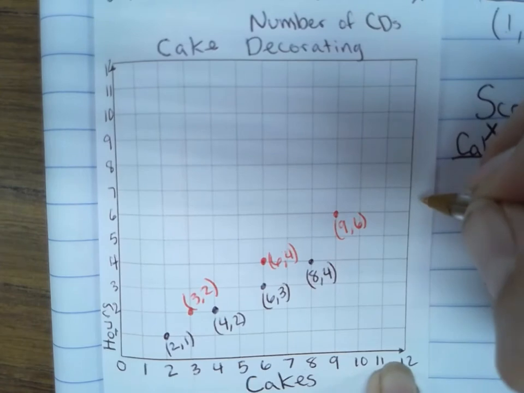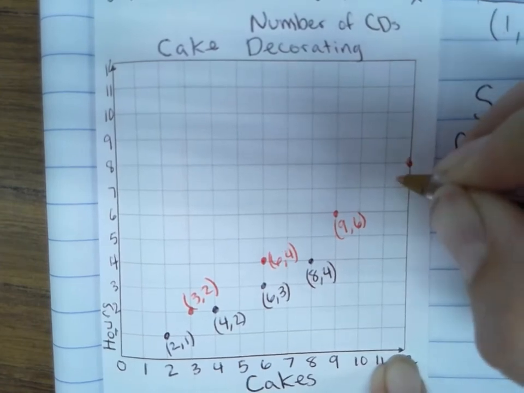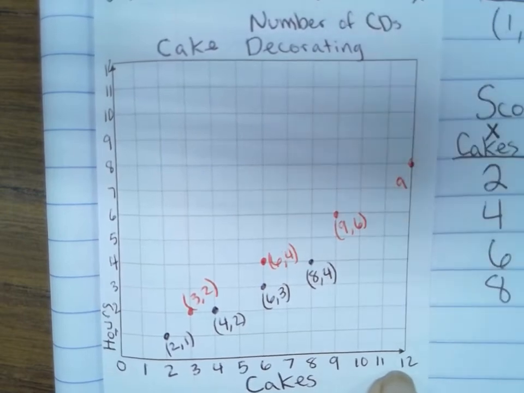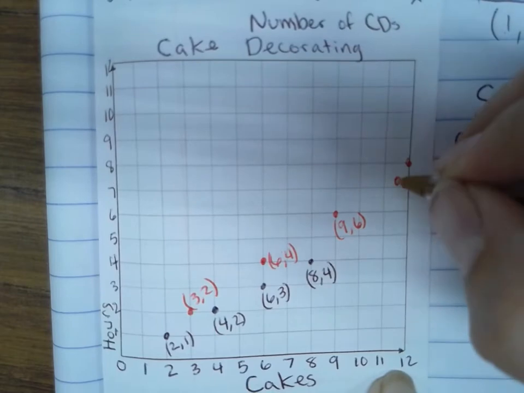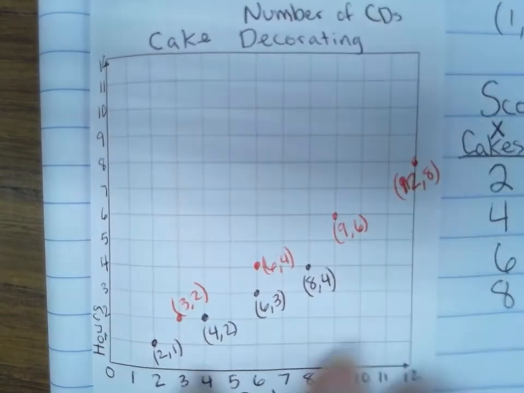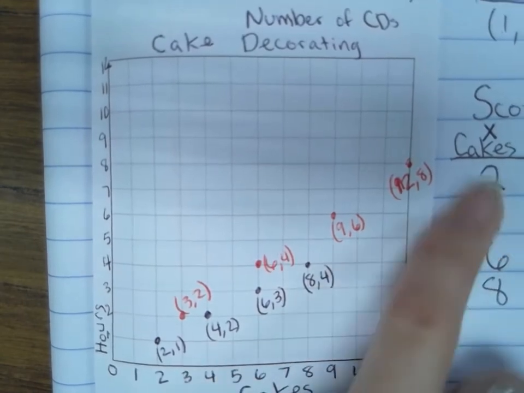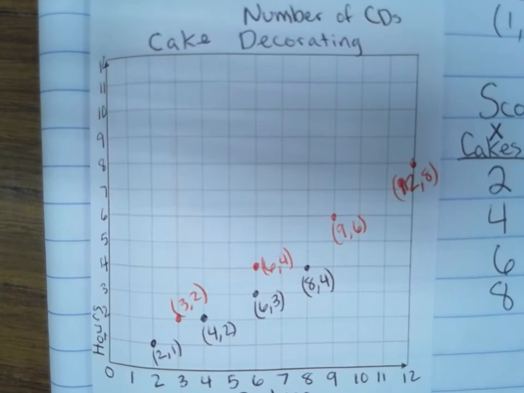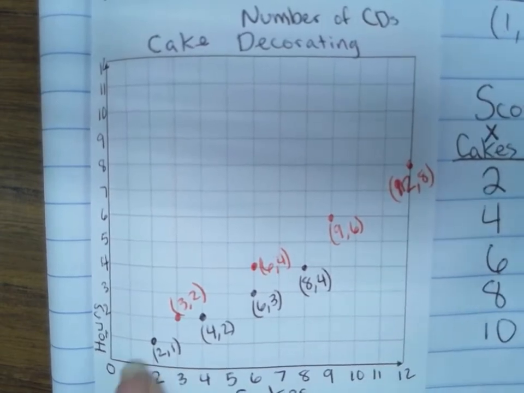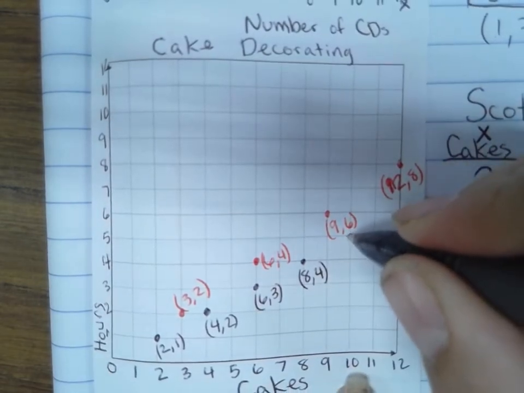And 12 cakes in 8 hours. Okay, just so we can see this one a little farther, we only did 4 here. We can do 4 here. Let's do 10 cakes in 5 hours just to show. So following this pattern.